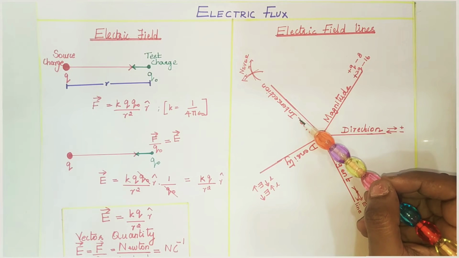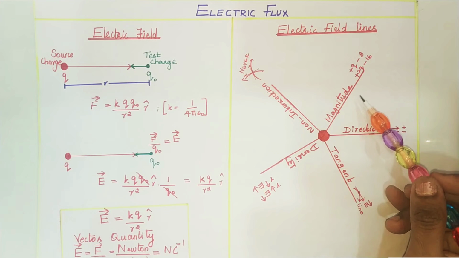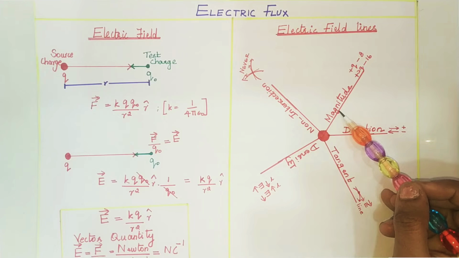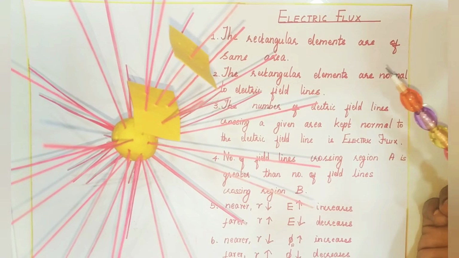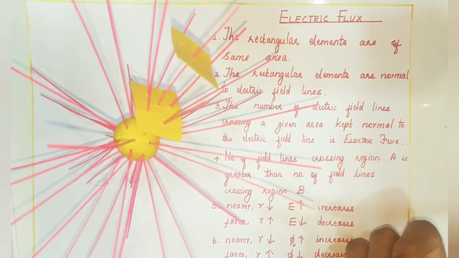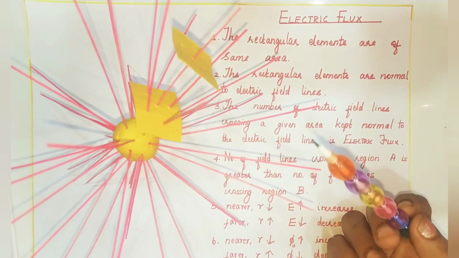No two electric field lines intersect each other. And the number of electric field lines depends on the magnitude of the charge. Now we get into the concept of electric flux. Here is a source charge where the electric field lines are pointing radially outwards.